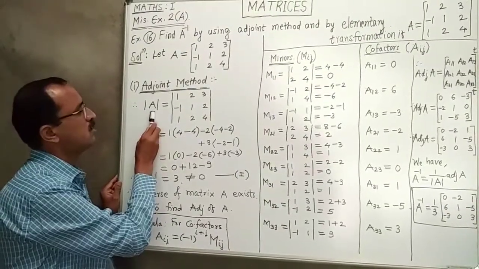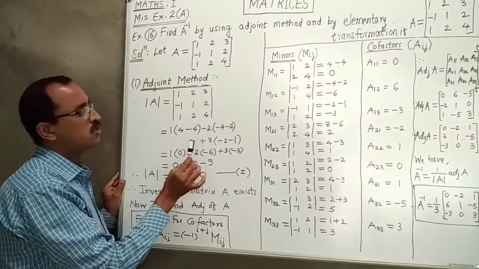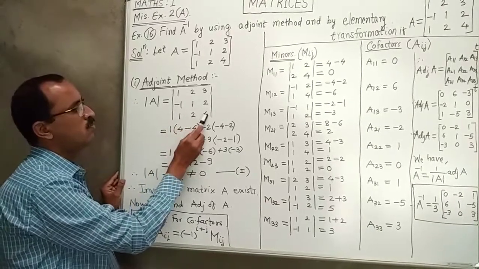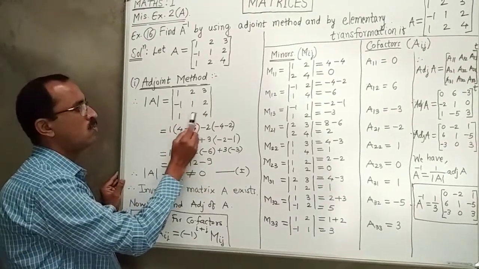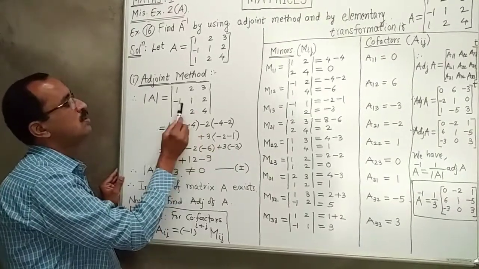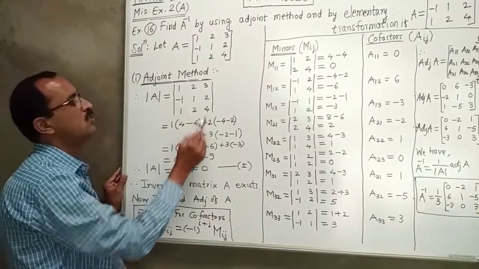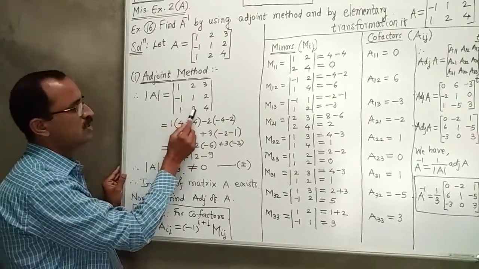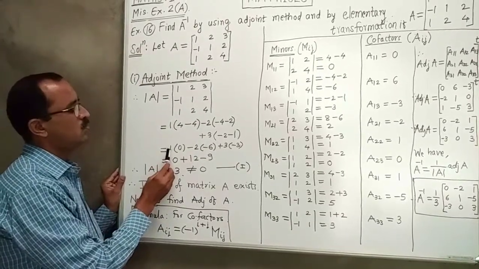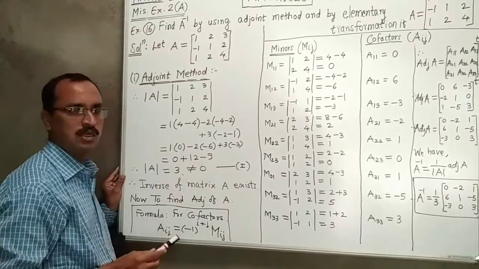So, this determinant of A is equal to, I explain it shortly, 1 into (4 minus 4), minus 2 into (minus 4 minus 2), plus 3 into (minus 2 minus 1). So we get 1 into 0 minus 2 into minus 6 plus 3 into minus 3.